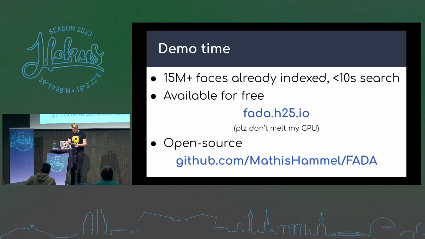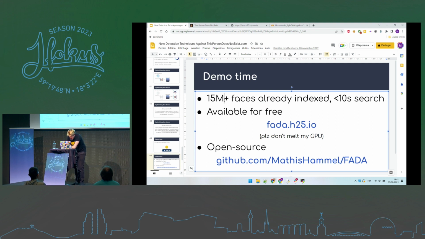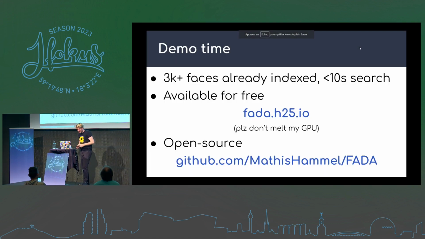So yeah, well, it's an older slide. So what do we put? 3K. Wow, impressive. Sub 10-second search. Yeah, I mean, that kind of fits. It should be sub 1 second. It's available for free if you want, at this URL.